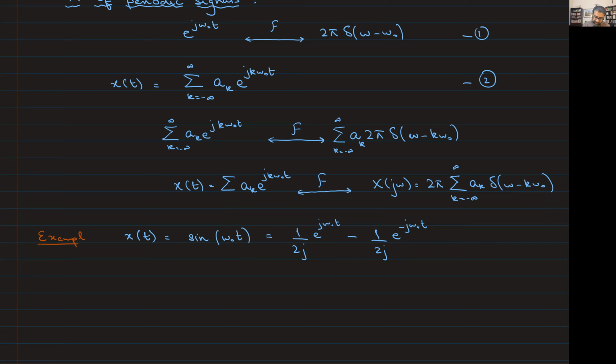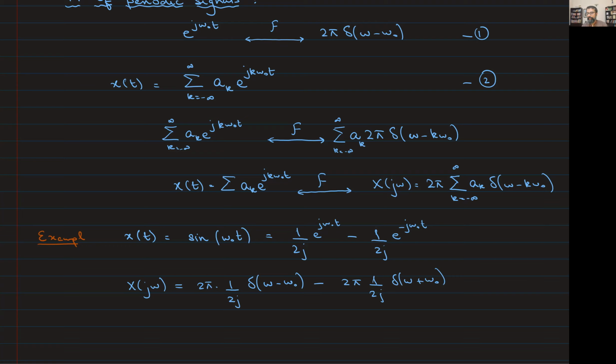So the question now is, what would be the Fourier transform for this? This would just be 2 pi times 1 upon 2j delta(omega minus omega naught) and minus 2 pi times 1 upon 2j delta(omega plus omega naught).